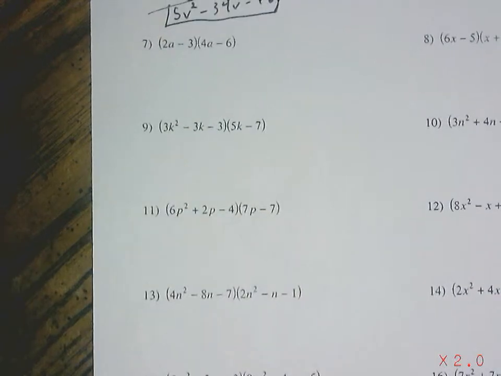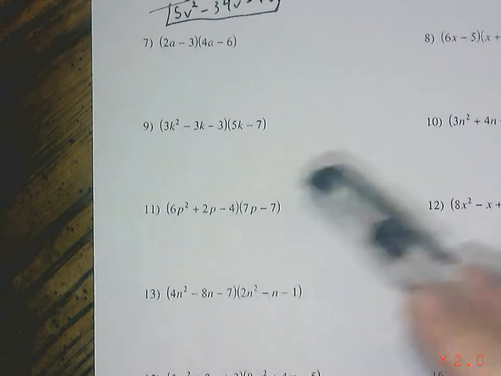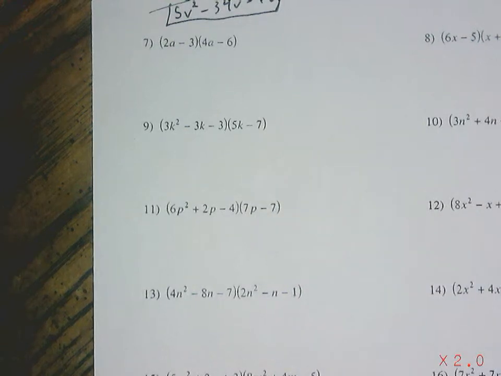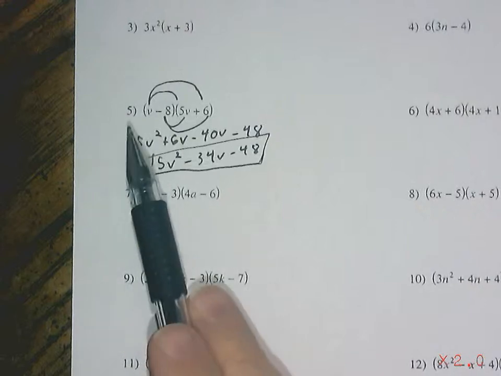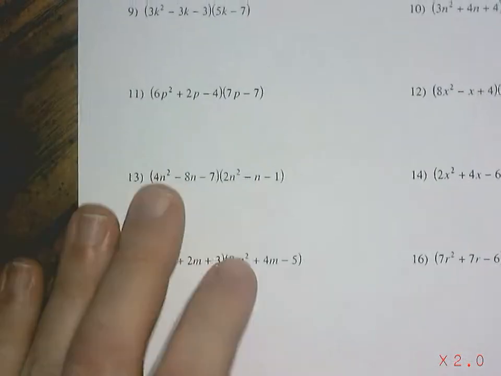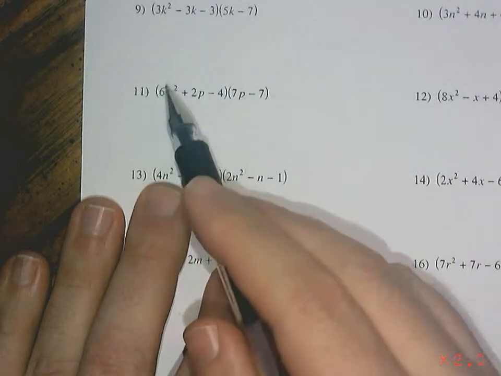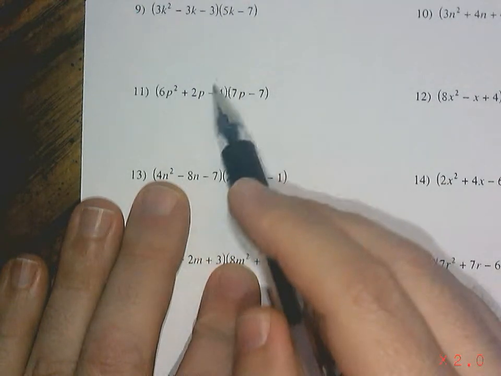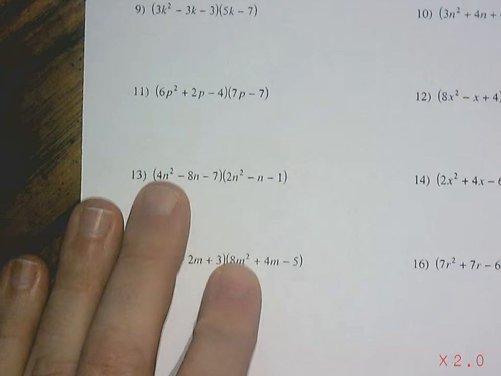Number 11 is a trinomial multiplying with a binomial. Now, it's going to be just like this, where each term has to distribute, but we have 3 terms here that have to distribute to both of the other terms in the binomial.